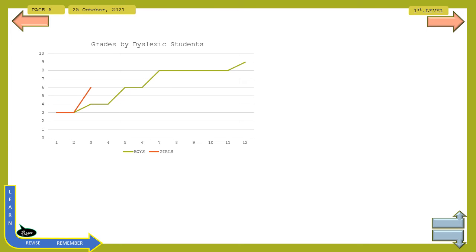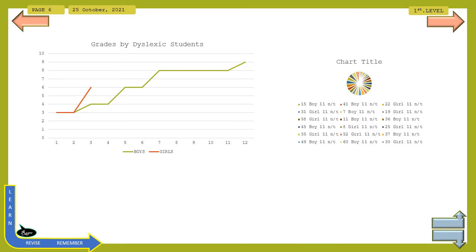Here is another chart based on the same information, but this time we are going by the grades of dyslexic students. You can see there are very few girls who are dyslexic and quite lots of boys, but the boys can score higher than the dyslexic girls. I wonder what this means.